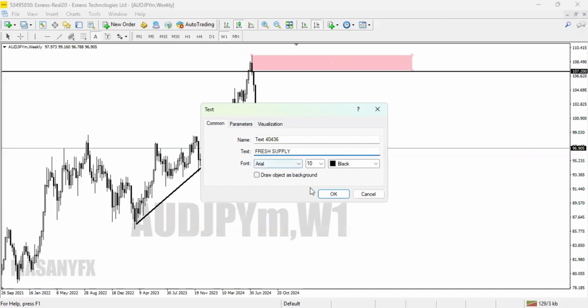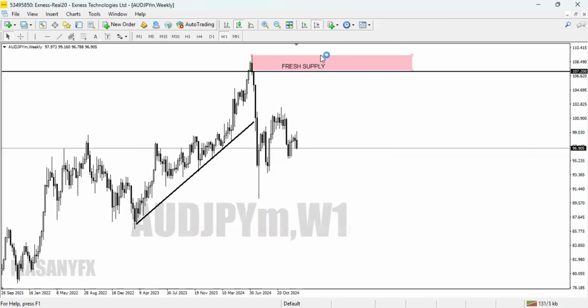Why do we call this a fresh supply zone? Because it is never tested. But if the price comes back here and goes down, this supply zone will no longer be fresh because it will be tested. So now we can say it's a fresh supply zone because it is not tested.